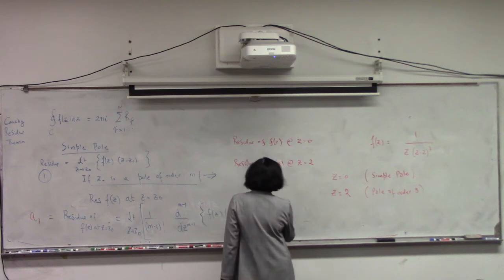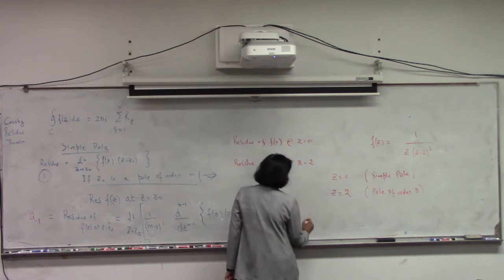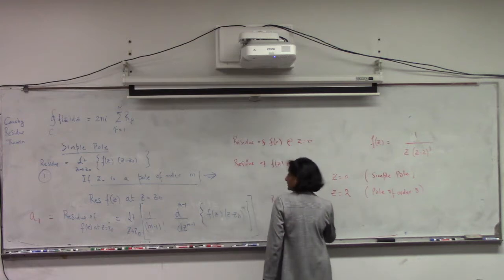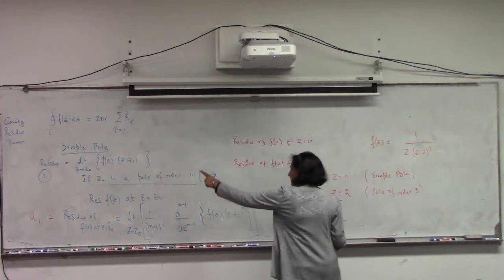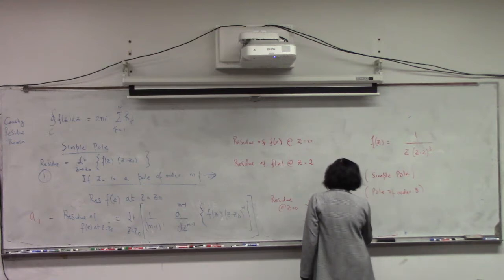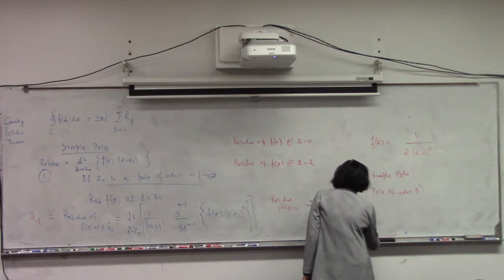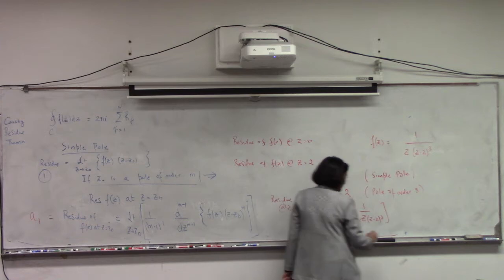So the residue at z equal to 0 is simply equal to the limit as z goes to 0, and I have to multiply by z minus z naught, where z naught is 0, right? So z times 1 over z times (z minus 2) whole cubed, and z can be cancelled.